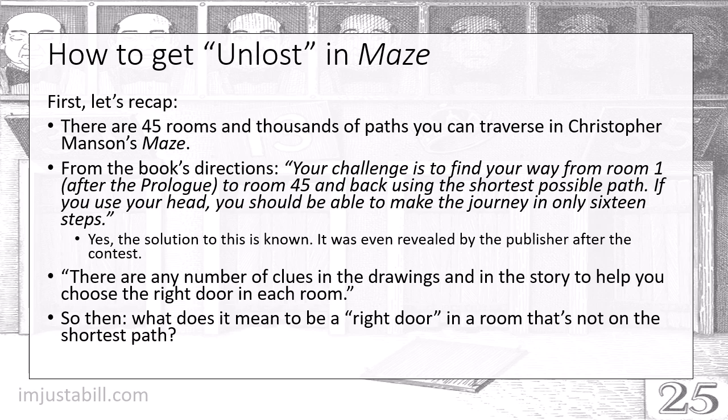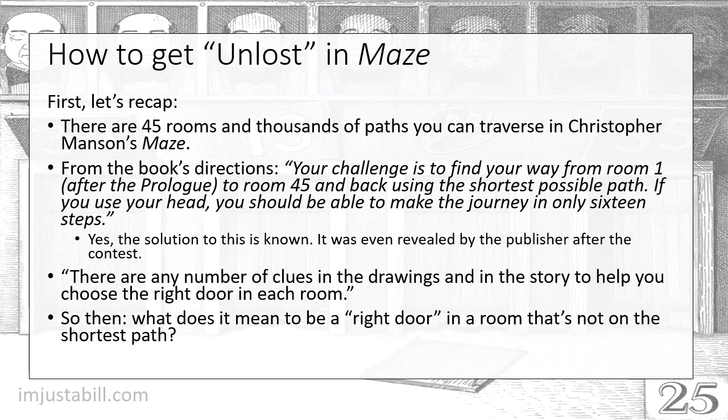I've talked about this many times. We are also told in the directions, quote, "There are any number of clues in the drawings and in the story to help you choose the right door in each room." Okay, well, this begs a question, because if the journey from 1 to 45 and back is only 16 steps, then at most 16 rooms or thereabouts would have a correct door to choose.